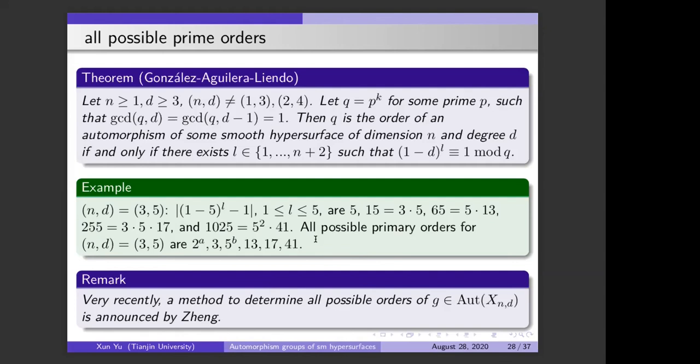The idea is to look at all those polynomials with very few monomials, like Fermat and Klein and those kind, and he computed all the diagonal actions for those kind of polynomials. So determine all possible orders.